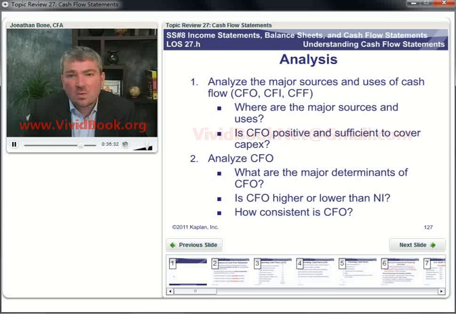Of course, what we also need to look at is what are the major determinants of CFO. Now remember, of course, if the company's used an indirect cash flow statement, the analyst would therefore have to adjust to the direct method. In particular, we're interested in how close CFO is to net income. Why?